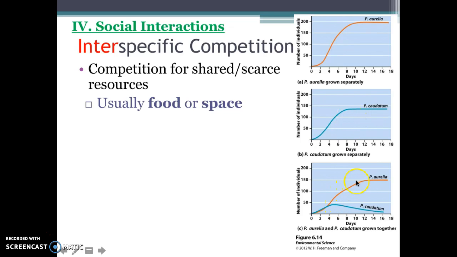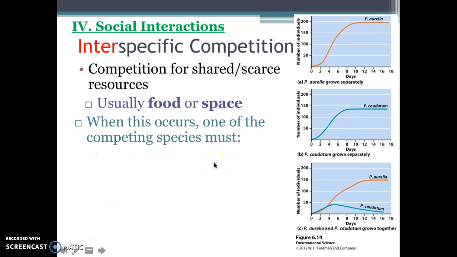And look what you see. It looks like Aurelia is giving Caudatum a run for its money, and Caudatum's population starts to drop because Aurelia is doing really good. So this is just competition between two different species, interspecific, and they're competing for space, resources, food, anything like that.